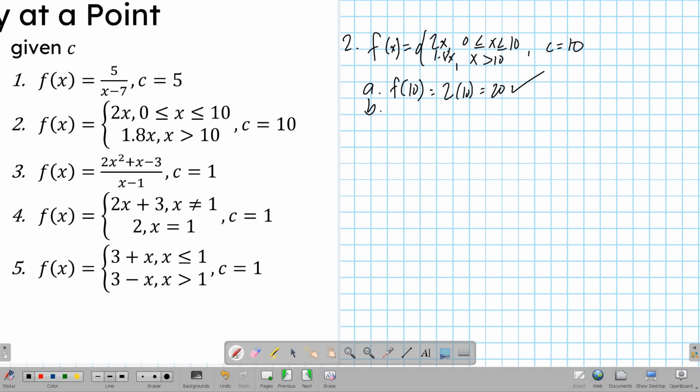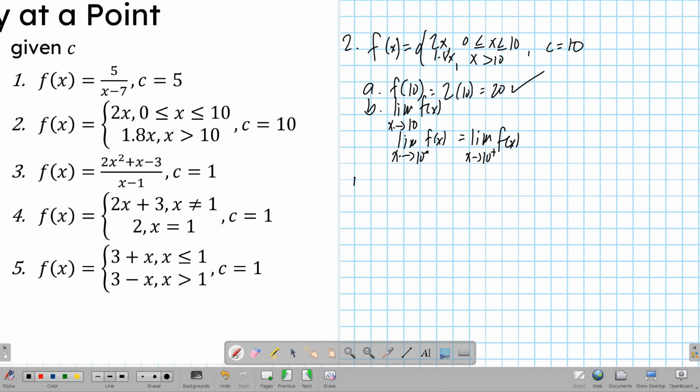The next one to check is whether the limit of f of x as x approaches c, in this case 10, exists. For that to happen, the limit of f of x as x approaches 10 from the left should be equal to the limit of f of x as x approaches 10 from the right. Remember the existence of the limit theorem: a limit exists if the left-hand limit is equal to the right-hand limit.